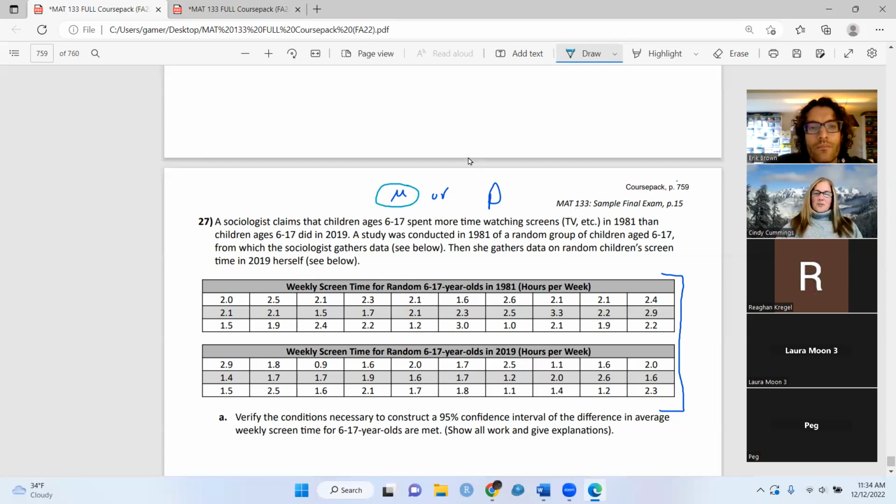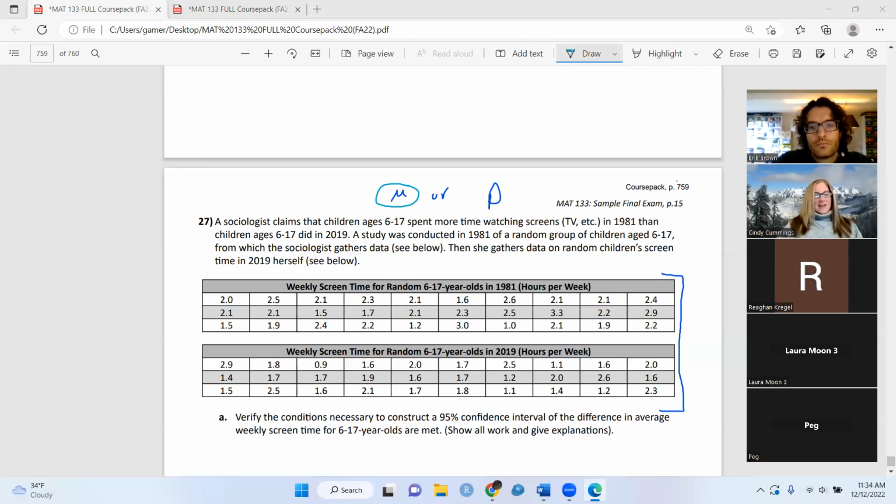Reagan, also remember, if you see data in a table, what did we say? What does that mean? That's always a mean. Even with the difference thing, like in chapter 11, that's also a mean of the dependent.